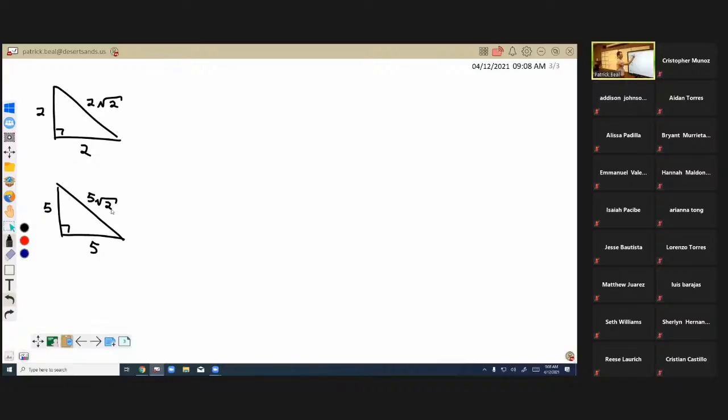What if I gave you this triangle here, and I told you that this was 7 square root of 2? How long are the legs? Very good. So each of the legs there would be 7. We can get that just by noticing the pattern in this triangle.